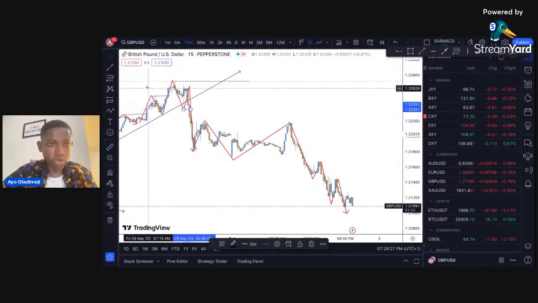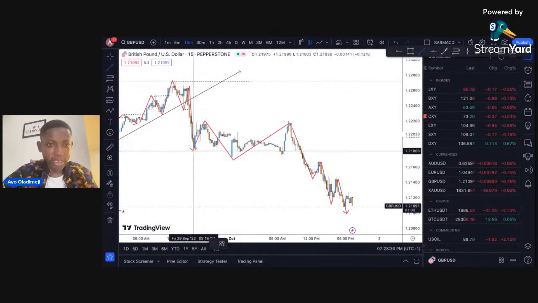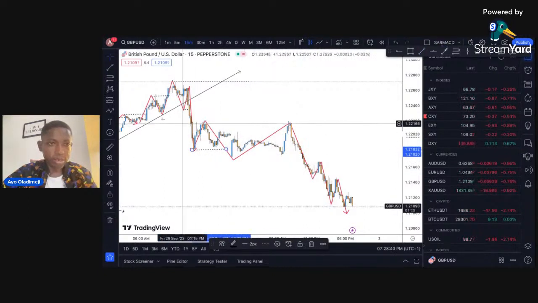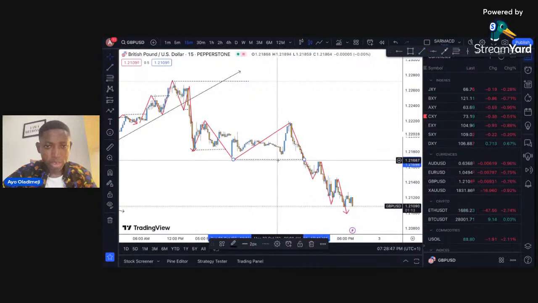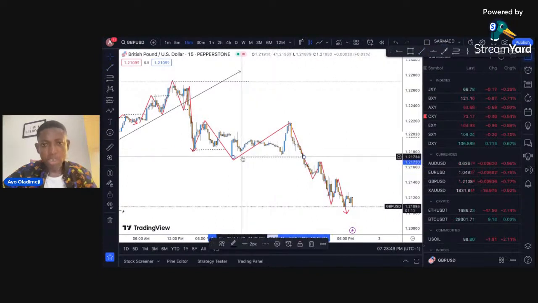This low was broken, and then when it came down, it gave us a lower high. And then this low here was broken. And when it went up again, it gave us this high. And then eventually we have this low broken. Okay.